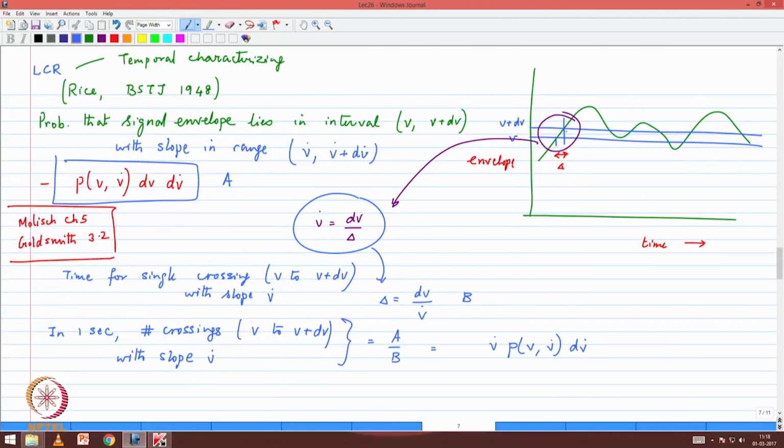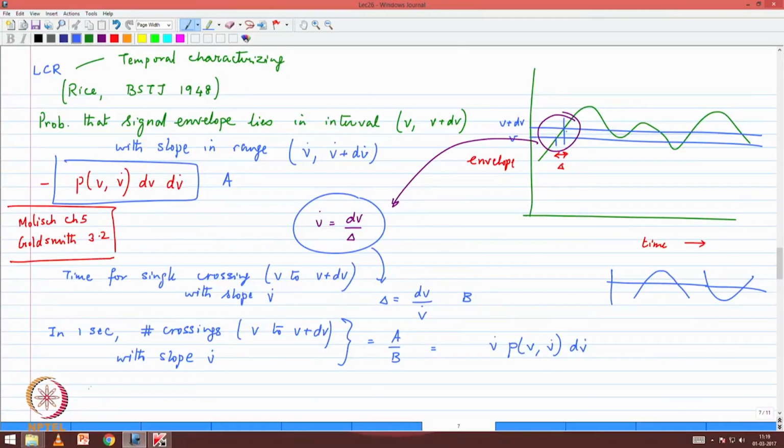Now V dot can be positive or negative, and keep in mind that any crossing of a threshold can be positive or negative. You do not count it as two crossings, though there are two; you count it as a single crossing, because it has crossed the threshold once and it will also come back. So by convention we take only the positive-going crossing, that means you are below the threshold and crossing up, so my slope can only be positive.